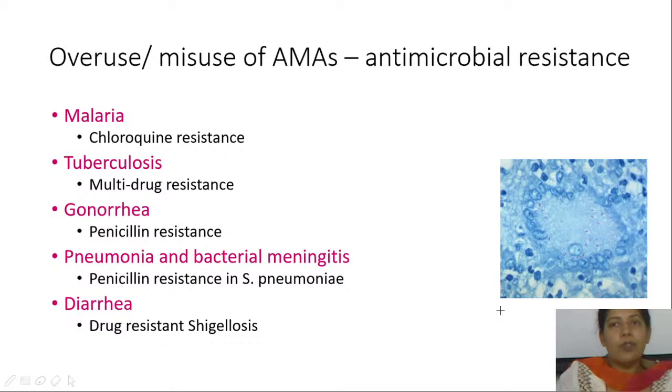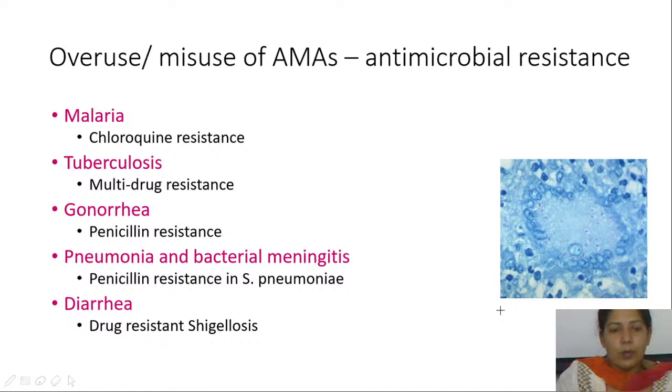Tuberculosis went from being single drug sensitive to multiple drug sensitive to one drug resistant to multi-drug resistance, or MDR, to XDR, which is extensively drug resistant tuberculosis. There is some small portion of patients, especially in certain pockets of the earth, wherein the patients are resistant to all known antitubercular drugs.